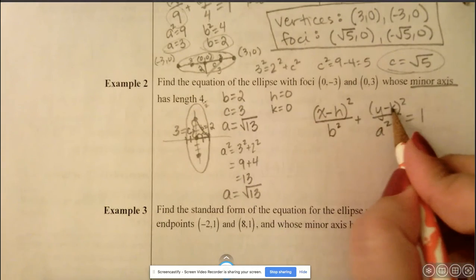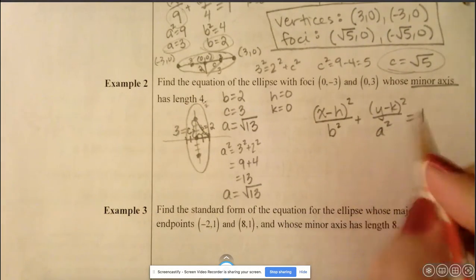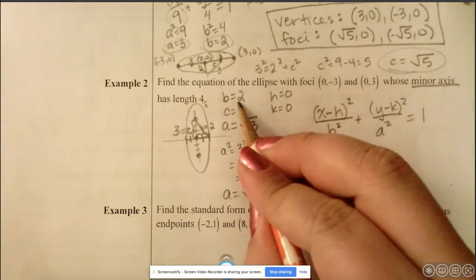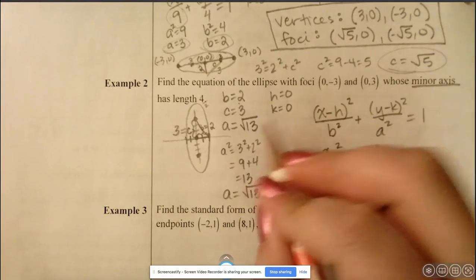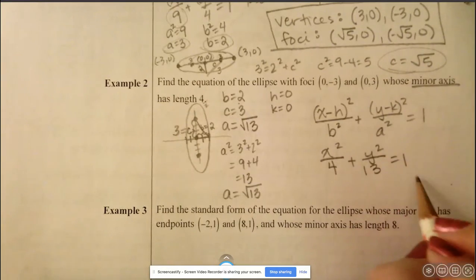H is 0, k is 0, b is 2, and a is the square root of 13. So we have x squared divided by 2 squared is 4, plus y squared divided by square root of 13 squared is 13, equals 1.